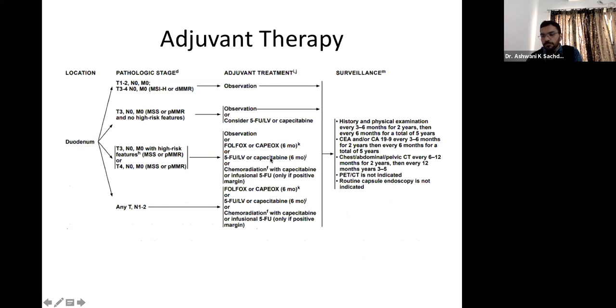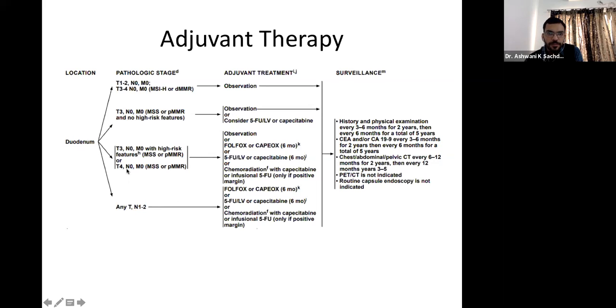So there is not much proven role of adjuvant chemotherapy in small bowel cancer. For duodenal cancer with early stage, no nodal metastasis, T3N0 with microsatellite stable or proficient MMR, you can consider single agent leucovorin-based treatment.